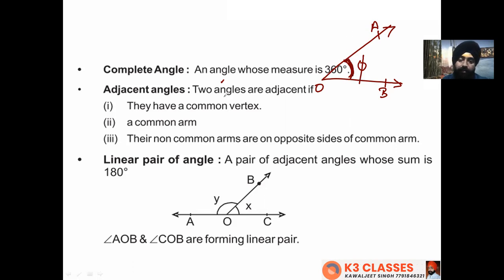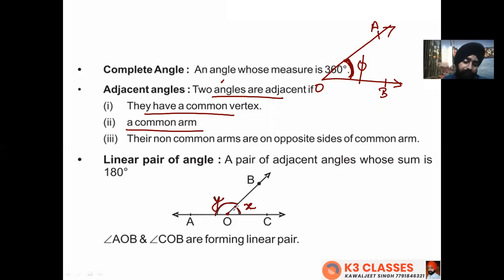Okay, so two angles are adjacent angles if they meet certain conditions. They have a common vertex. Let us see in this diagram. O is the common vertex for angle X and for angle Y. I'm showing the arms in red color.